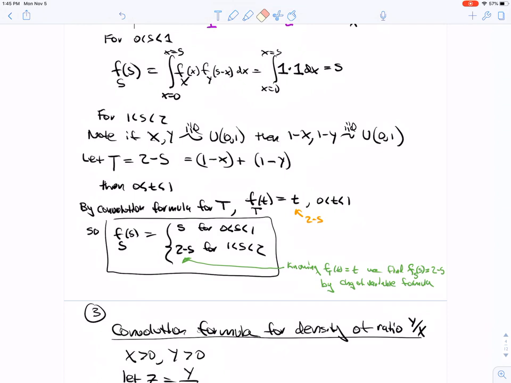If I let T be 2 minus S, that's 1 minus X plus 1 minus Y. T is between 0 and 1, and I can use the convolution formula for T and show in exactly the same way as above that fT is T. Then the change of variable formula gives me fS for S between 1 and 2 to be 2 minus S.